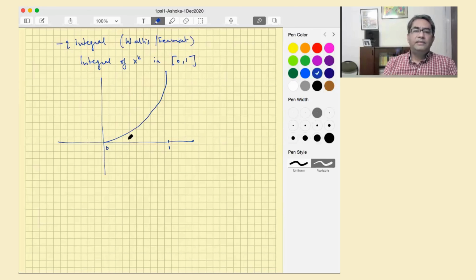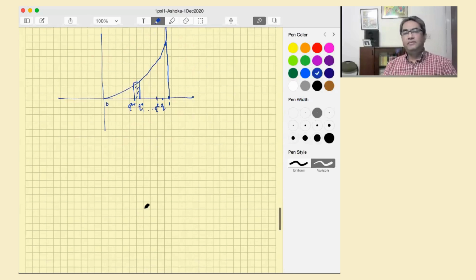So this is the interval, and what Fermat and Wallace did was that they made an infinite set of intervals here. So q raised per n and q raised per n plus 1, they made a Riemann sum, or an area sum out of these.